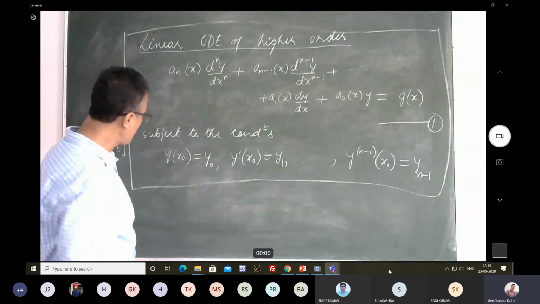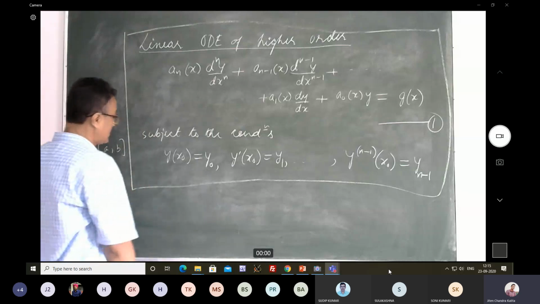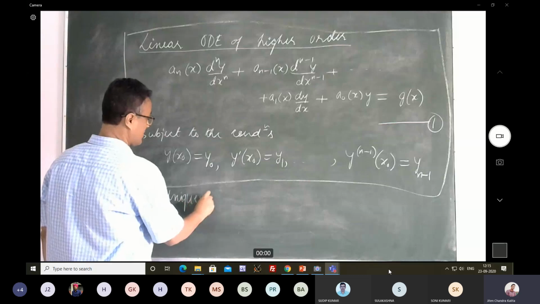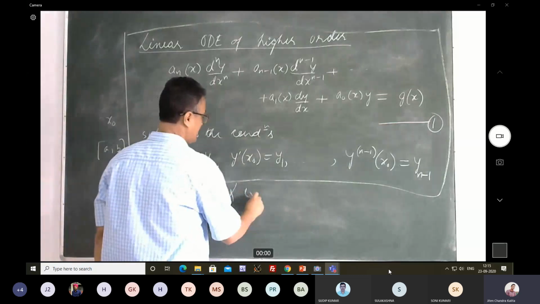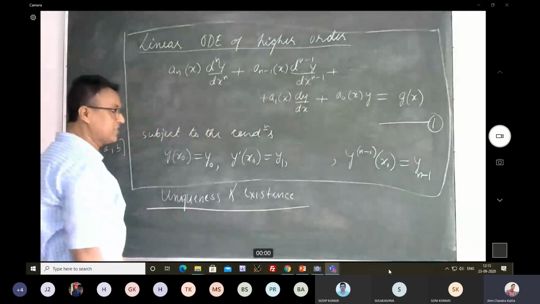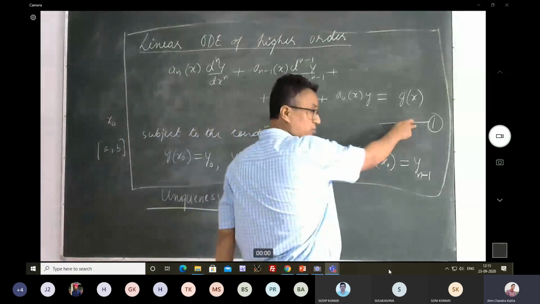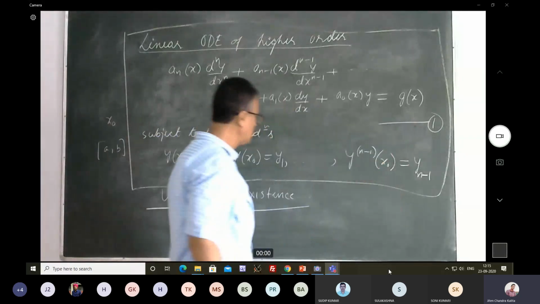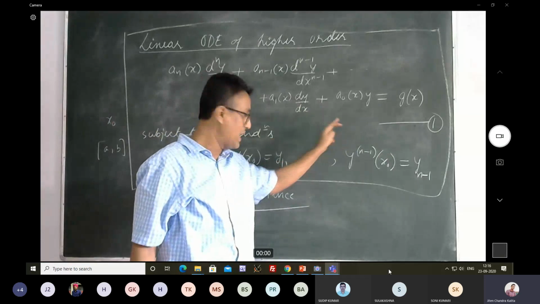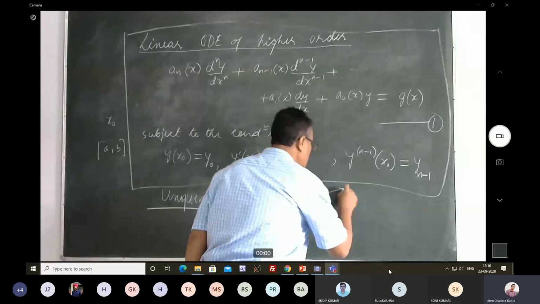So now you may be pondering, what is going to guarantee the uniqueness and existence of a solution of the differential equation given by 1 or of the initial value problem given by the nth order differential equation 1? So that we are going to discuss.